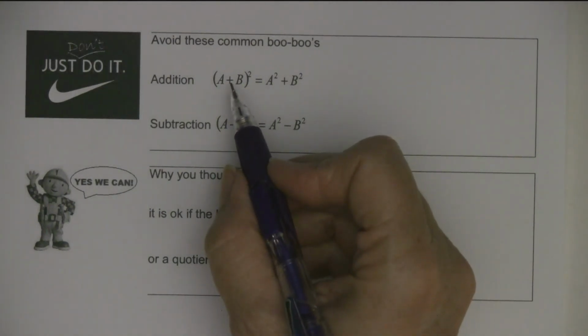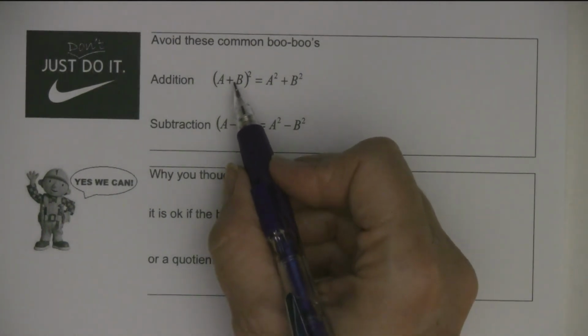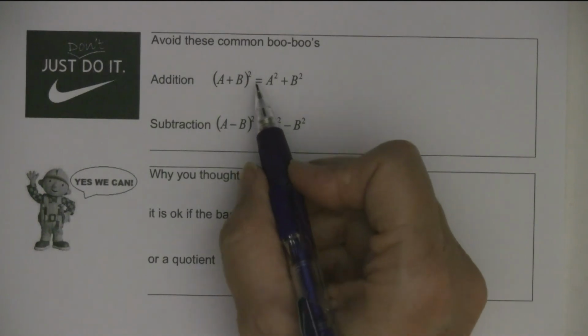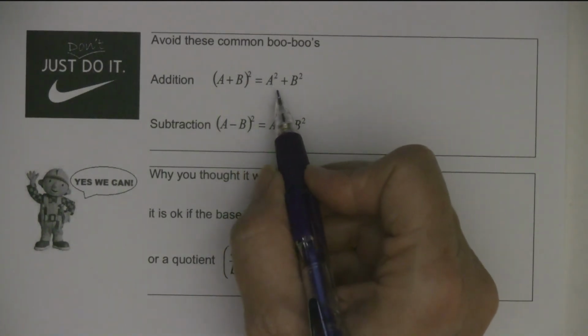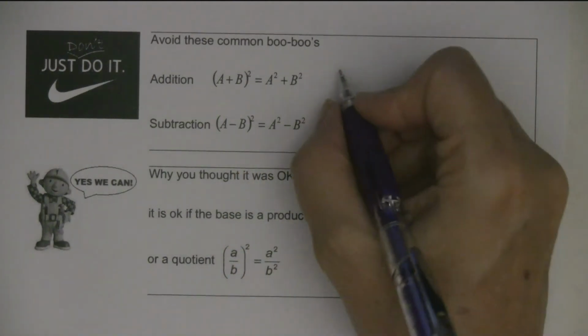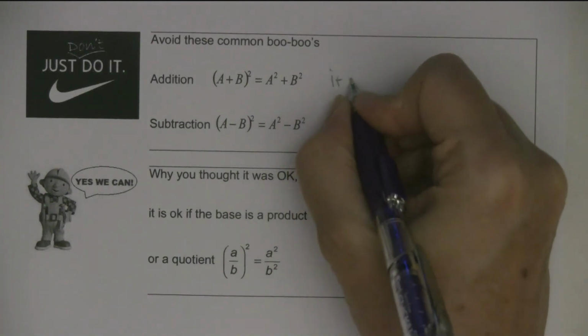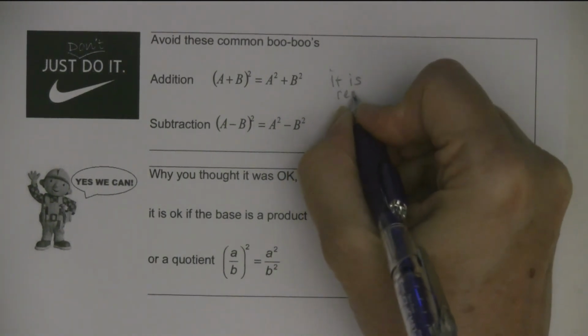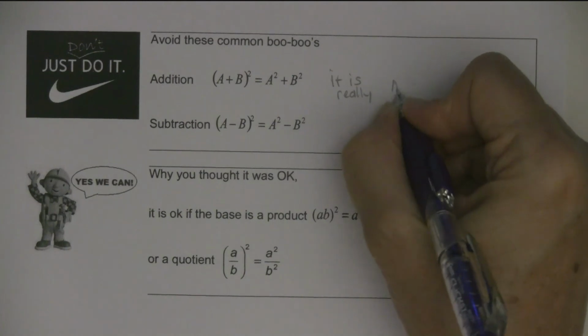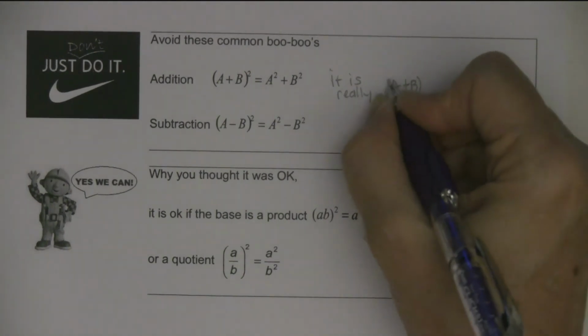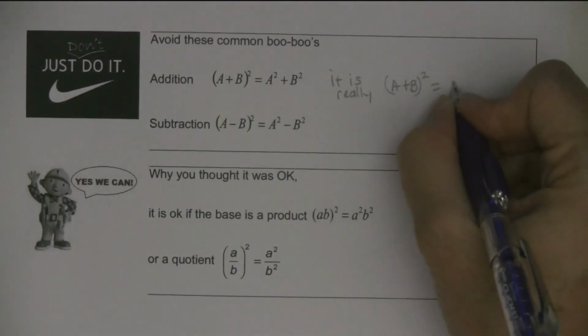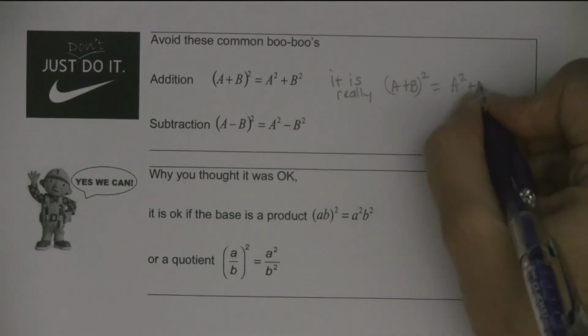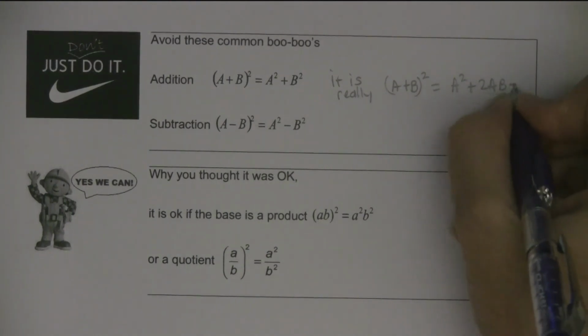The most common boo-boo when someone has a plus b, quantity squared, is to say that that's a squared plus b squared. It's not. It is really a plus b squared is really a squared plus 2ab plus b squared.